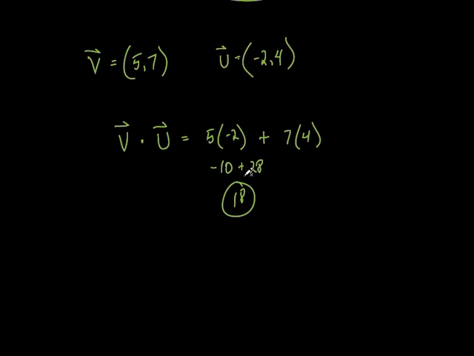And it doesn't even come out to a vector. It's kind of crazy. When you multiply two vectors together, you just get a regular number. Okay? It's not necessarily a whole number, but you get a number. This is called a scalar. When it's just a regular old number, there's no direction associated with it, we call that a scalar. When there's a magnitude and a direction, we call that a vector.